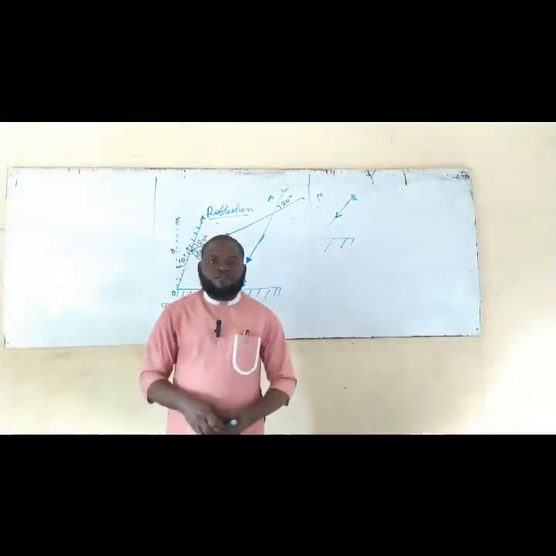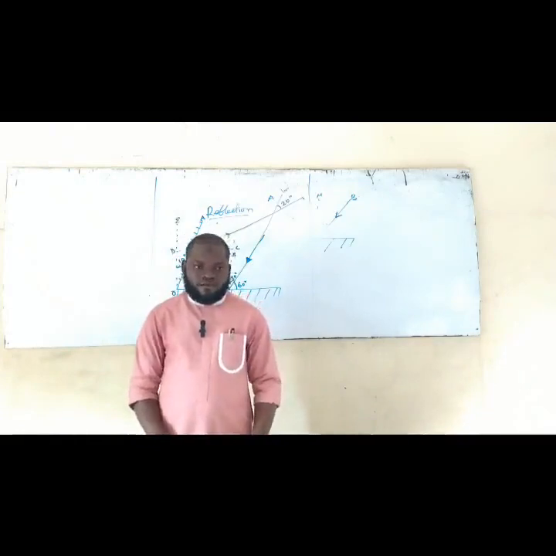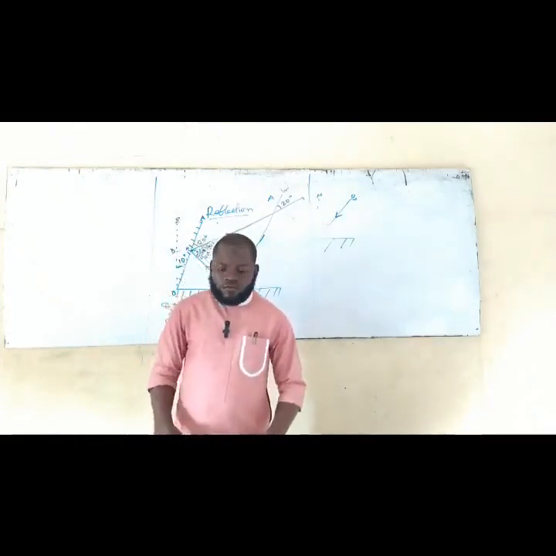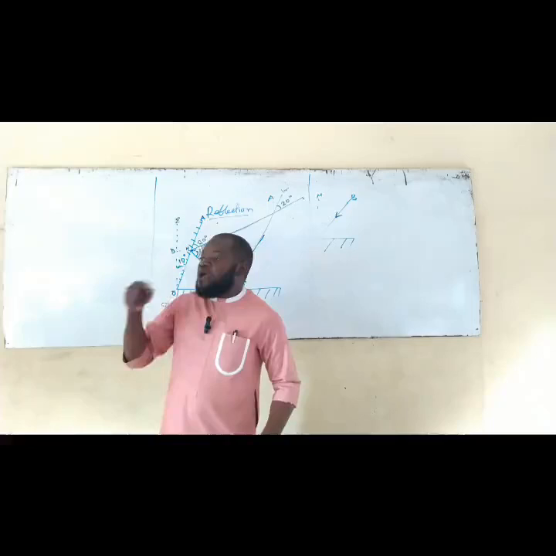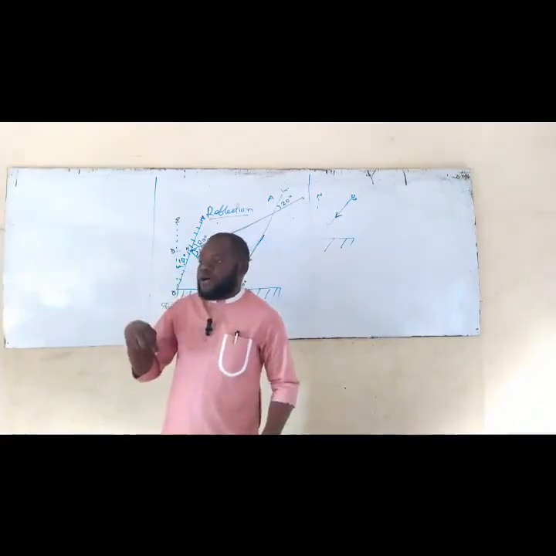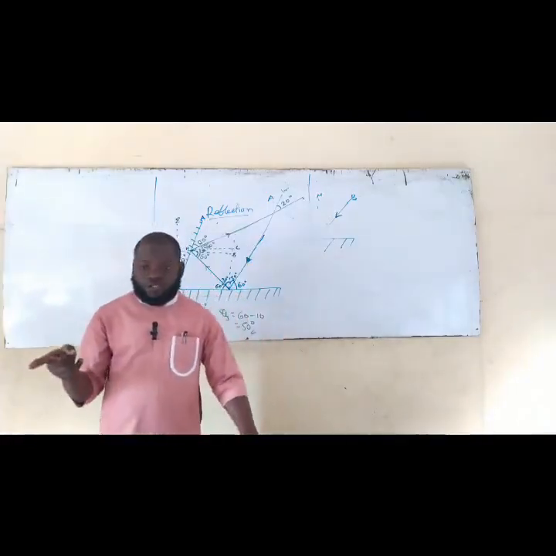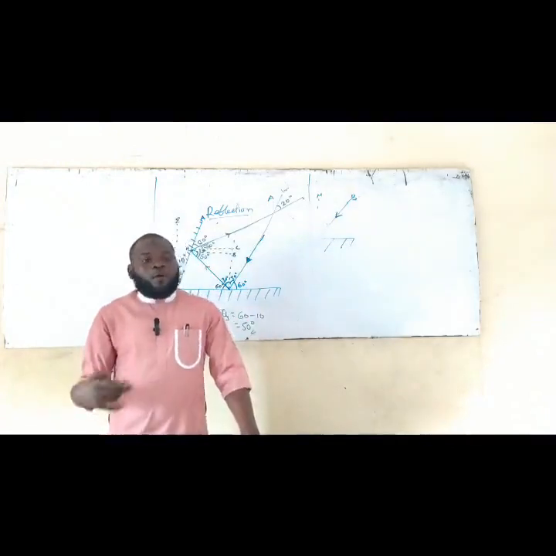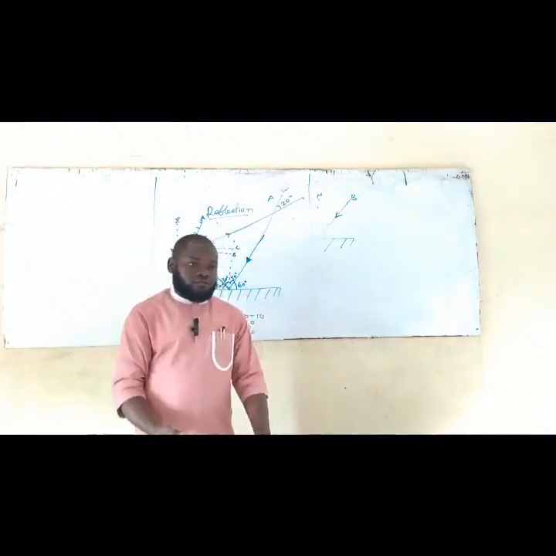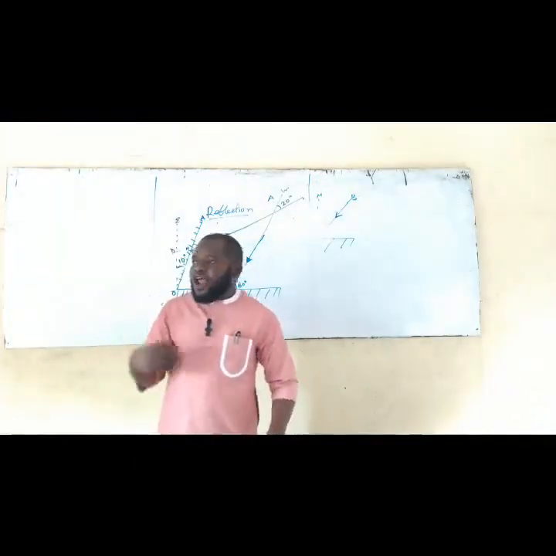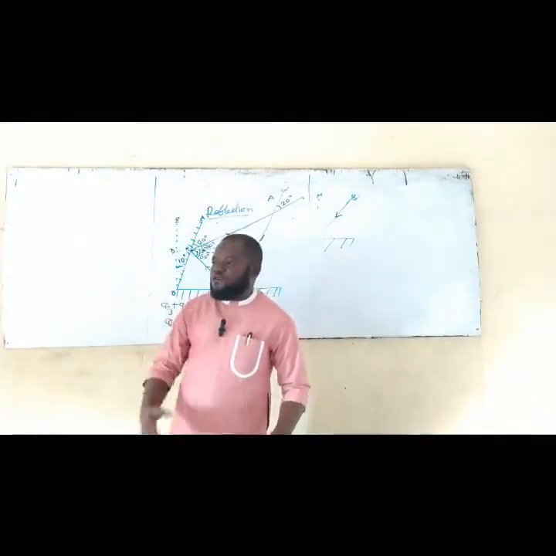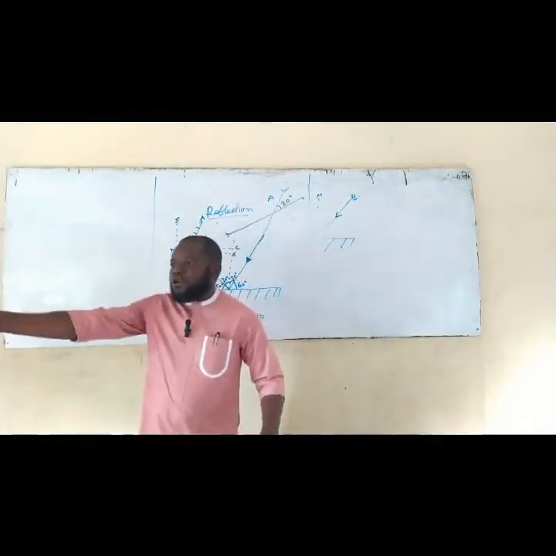Now, that definition is not actually correct, because at times when a wave moves from one medium to another, the direction might not change. Are you getting this now? But some other properties will change. So in a nutshell, refraction is when a wave moves from one medium to another.